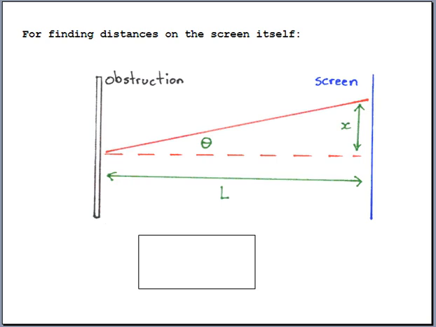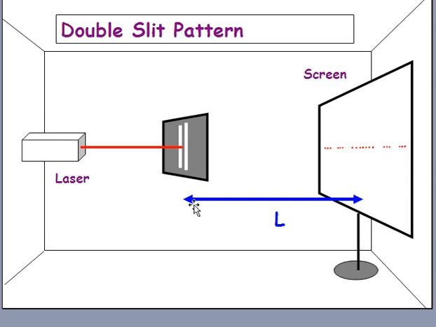Just before we look at the two dots, let's look at a little bit of Math 10 for a minute, a little bit of SOHCAHTOA, to figure out how we can measure these x's, these distances on the screen, once we know the angle from the physics, and L, the distance from the obstruction off to the screen. So again, L is going to measure the distance from the obstruction over to the screen, probably a couple meters.